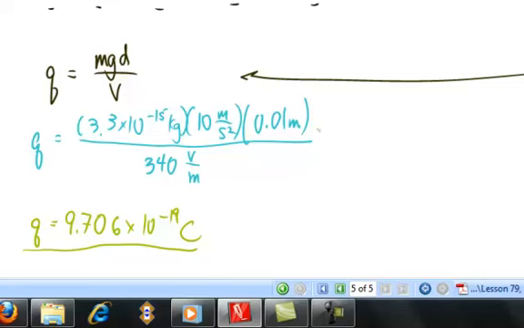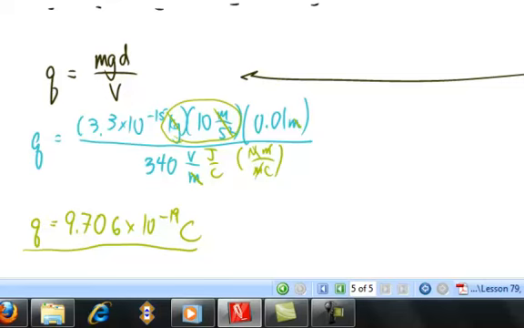A volt is the same thing as a joule per coulomb, and a joule is the same thing as a Newton meter. So I have a Newton per coulomb downstairs. A kilogram meter per second squared is the same thing as a Newton, so the Newtons are going to go. I'm going to have a meter go here, and I'm going to end up with a coulomb upstairs.